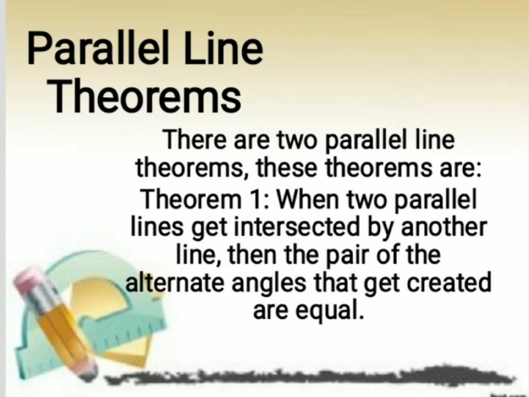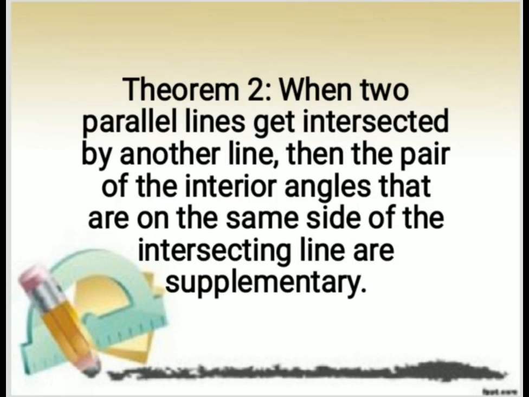When two parallel lines get intersected by another line, then the pair of the alternate angles that get created are equal. Theorem 2. When two parallel lines get intersected by another line, then the pair of the interior angles that are on the same side of the intersecting line are supplementary.